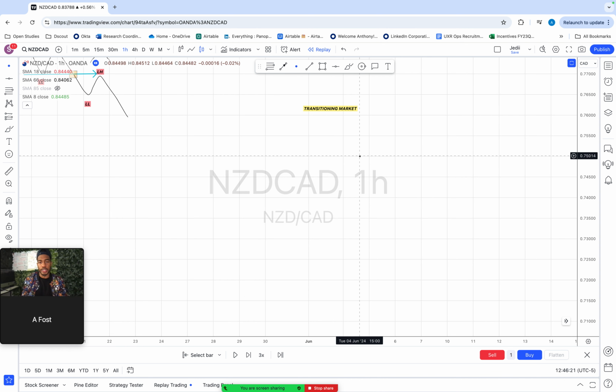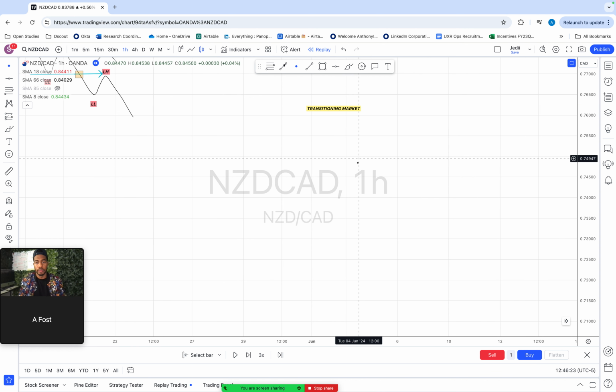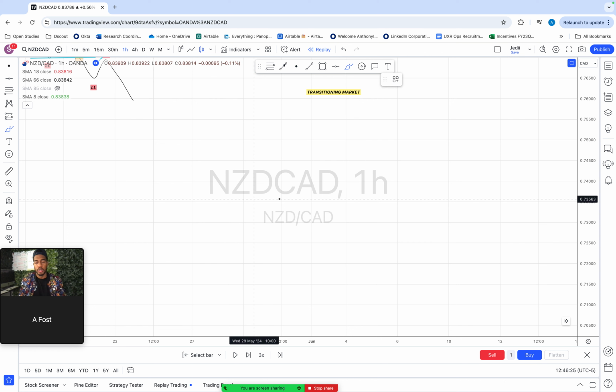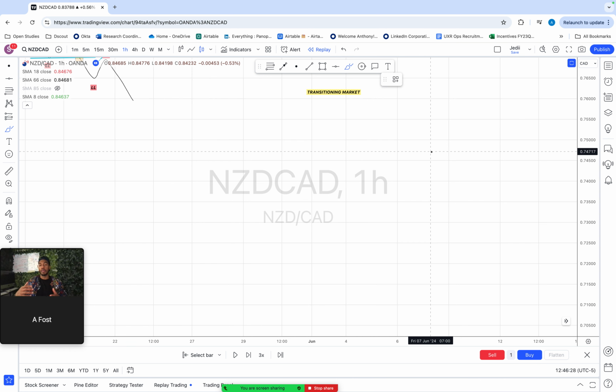Okay, so transitioning market. This is how you identify when the market's going from a bullish move to a bearish move, a buyer's market to a seller's market. It's pretty simple, and the same rules apply.